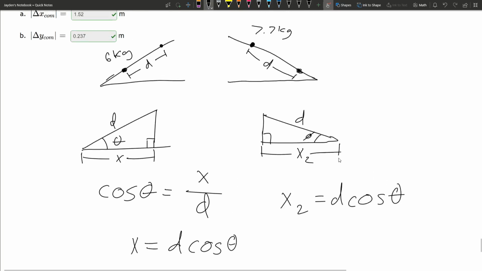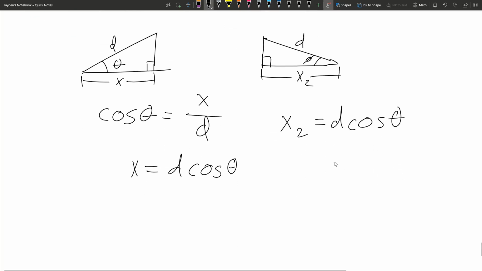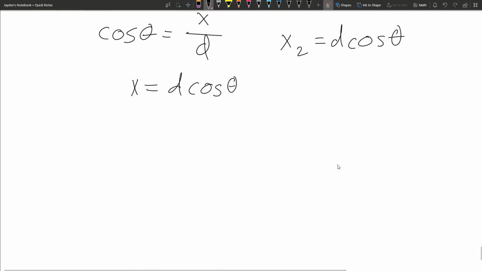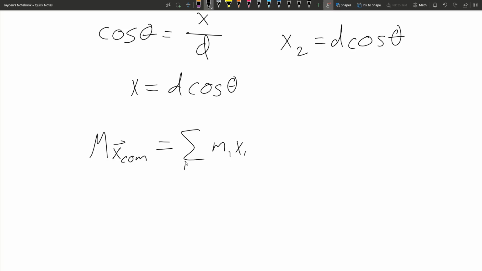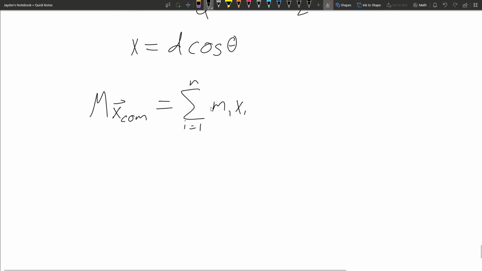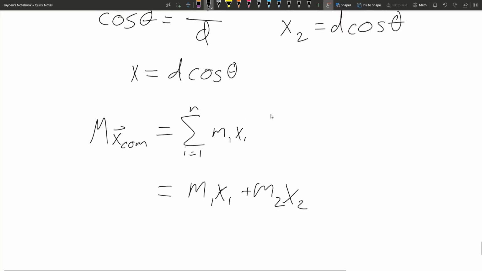So now that we know these two values, we can just use the formula. The formula that was taught is total mass times x center of mass is equal to the sum of m_i x_i from i equals 1 to n. Well, we only have two particles here, so we can change this formula to be m1 x1 plus m2 x2. Since both of them are changing, the delta x is positive for both of them, we can just plug it in.